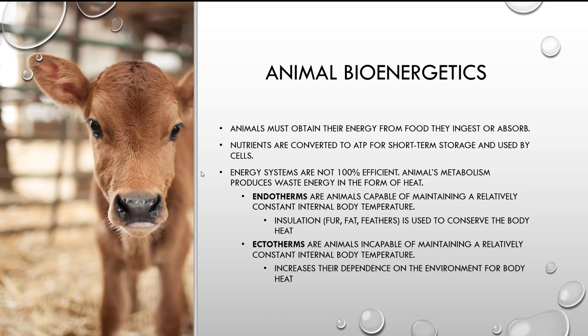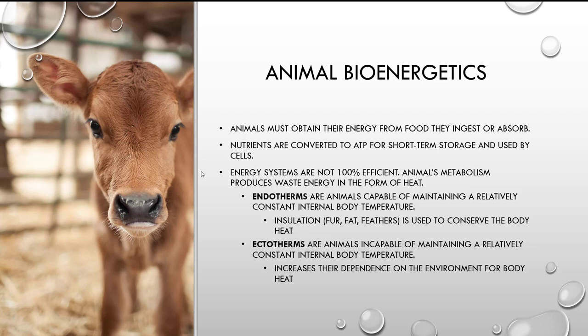And then finally we get to the topic of animal bioenergetics. Another thing that we learned from the beginning of the term is that animals must obtain their energy. So how do we obtain our energy as animals? We must either ingest or absorb our food. As humans, we ingest our food, but not all animals ingest their food. Some of them absorb it, such as the sponge that we talked about earlier.